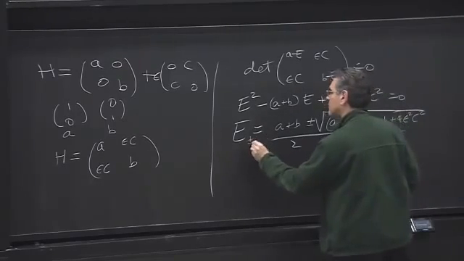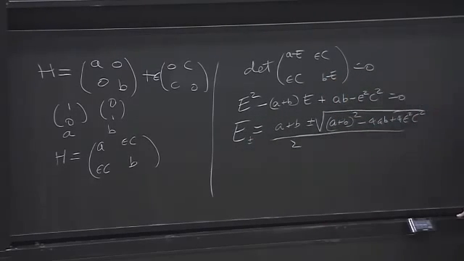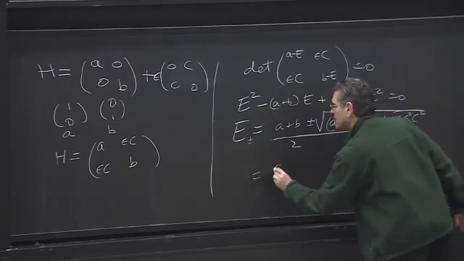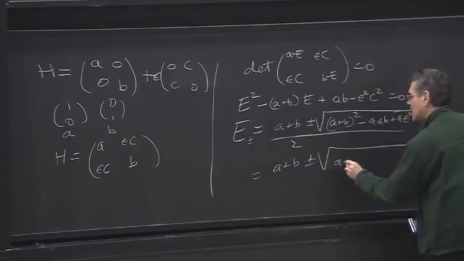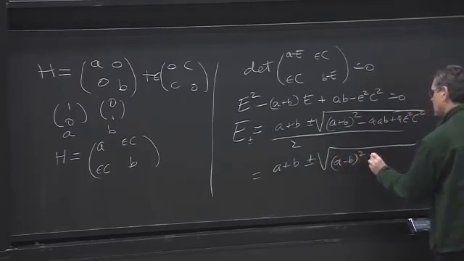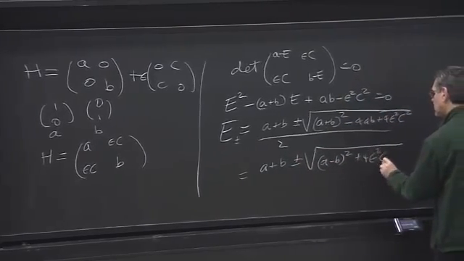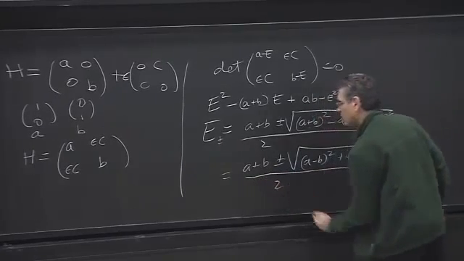Okay, you all with me? Now, this can be simplified a little bit because I can rewrite it as A plus B plus or minus the square root of (A minus B) squared plus 4 epsilon squared C squared, over 2.